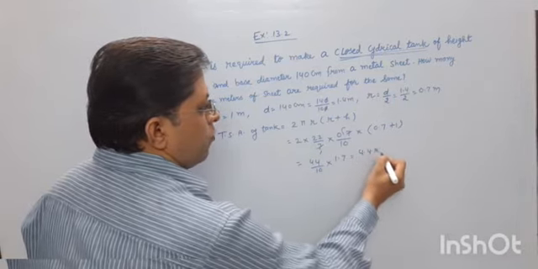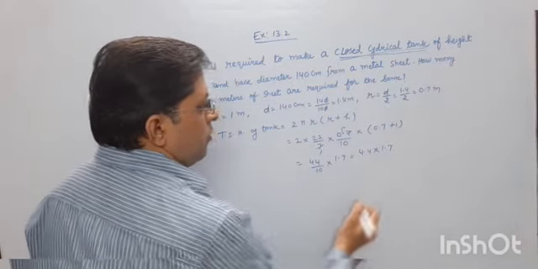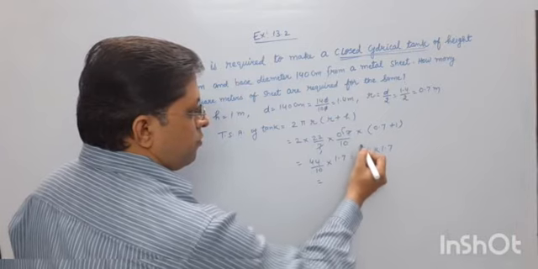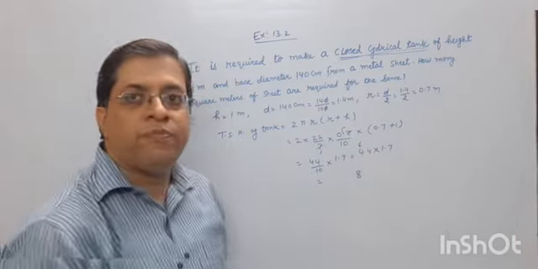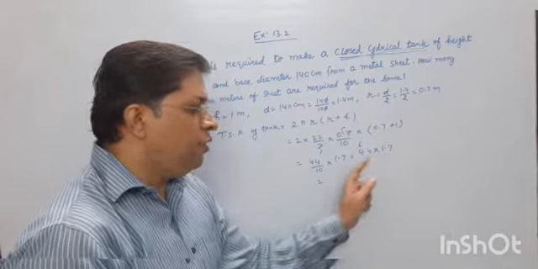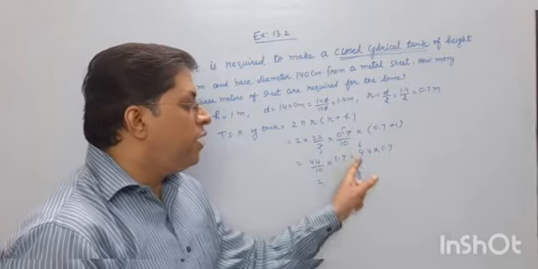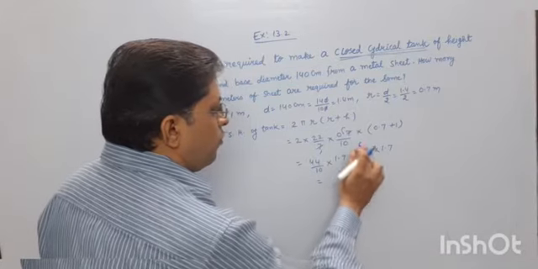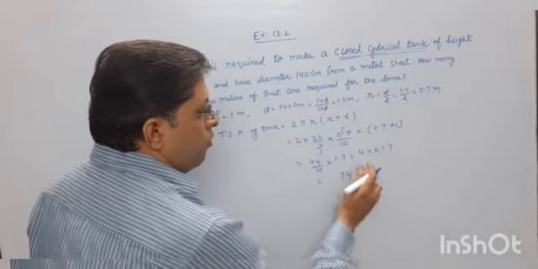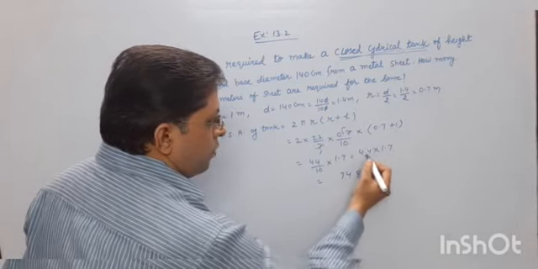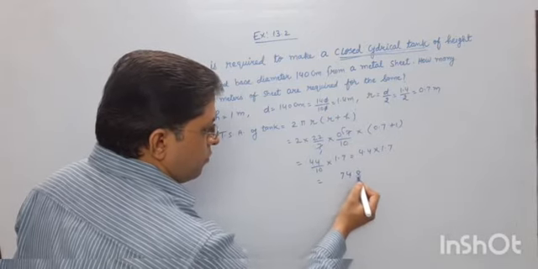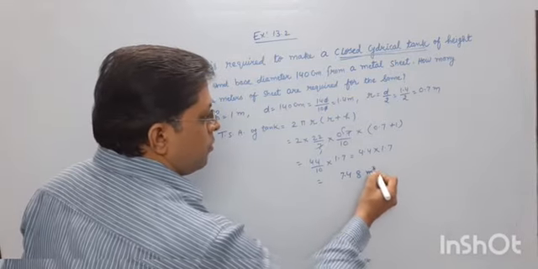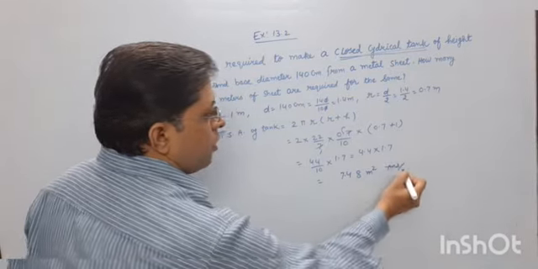I can write 4.4 into 1.7. Okay, 17 4 is 68, 6 is carry. 17 4 is 68, 68 and 6, 74. And what to do? You have to place decimal after from back side 2 places. 7.48 meter square. This is your answer.